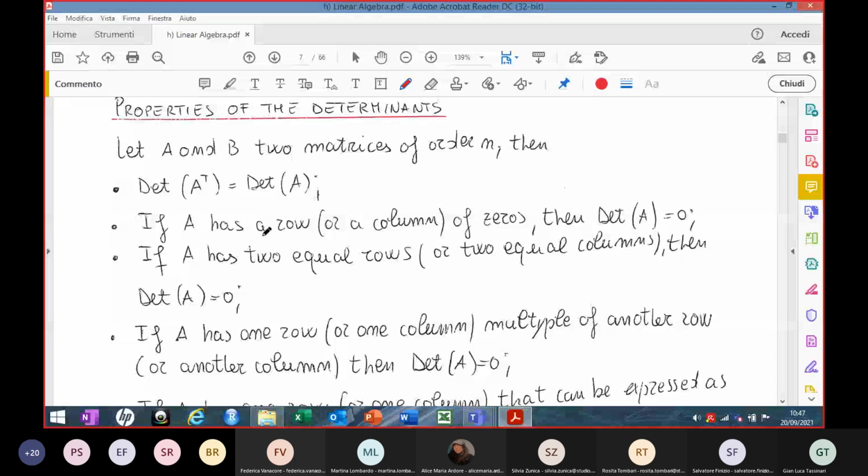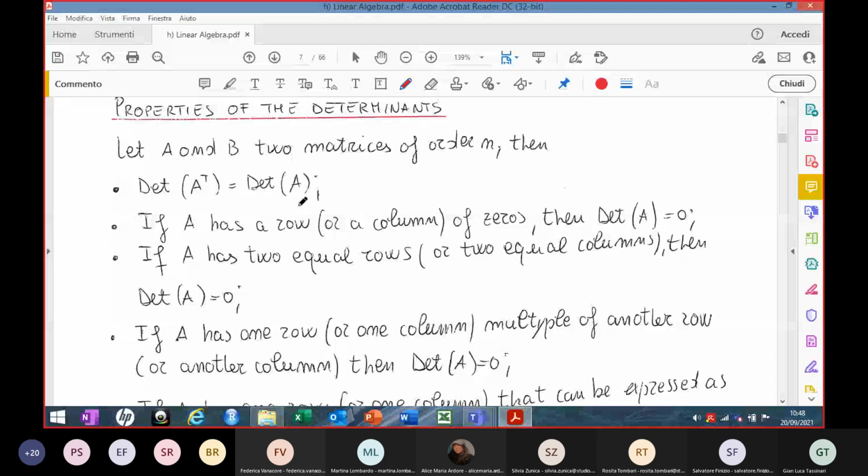Only the intuition, guys, about the first property and the second one. I told you that you can develop the determinant along the row or the column you prefer, and the result does not change. For example, suppose I develop the determinant of the matrix A along the first row. The first row of matrix A is also the first column of matrix A transpose. So if you develop the determinant along the first row of A or along the first column of A, the result does not change.